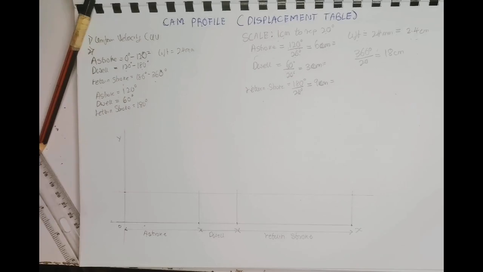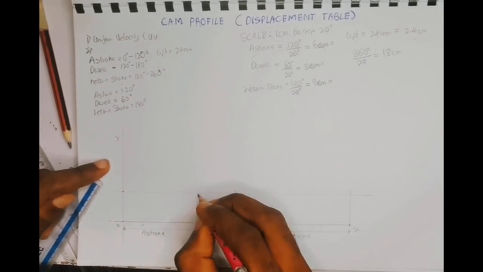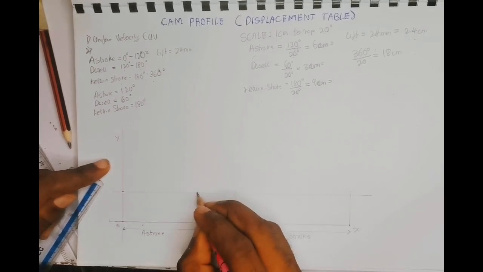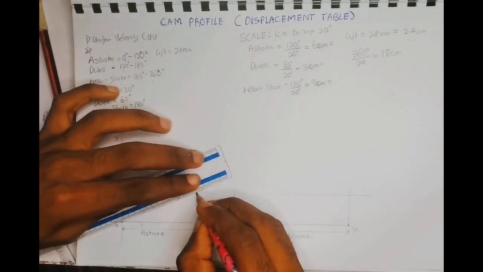Since this is a uniform velocity, it's just a line from the 0 point to the top of the dwell, to the highest point of the dwell. From here to here, you rule a line.